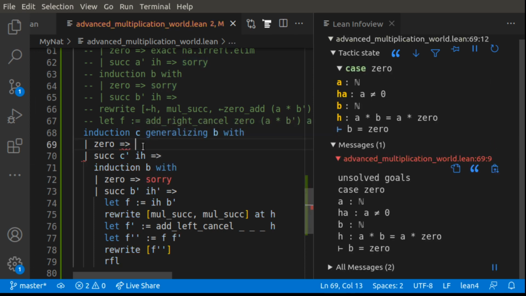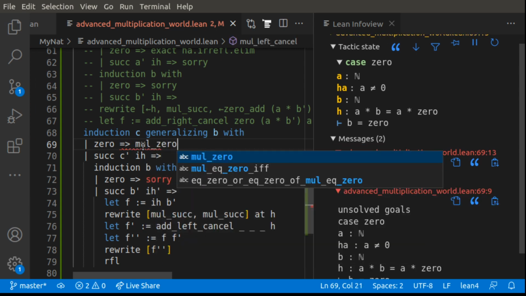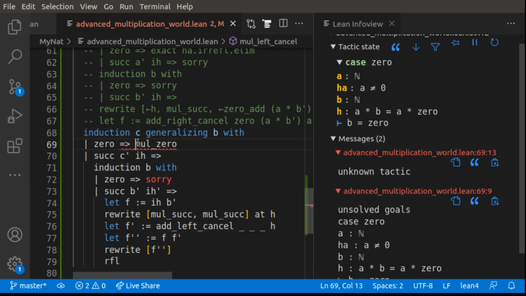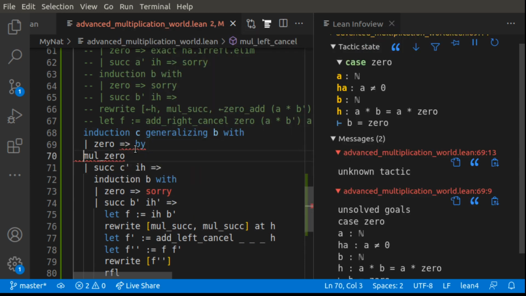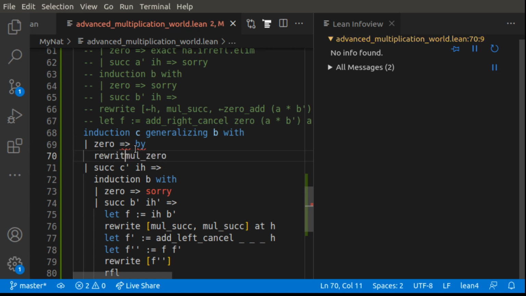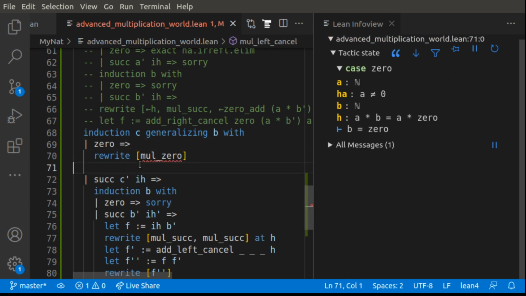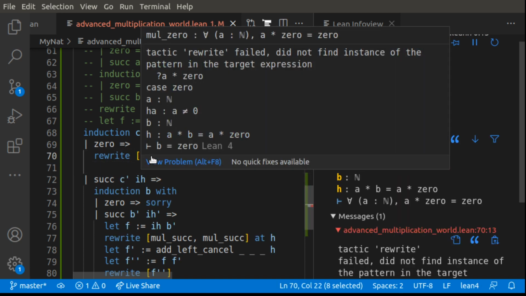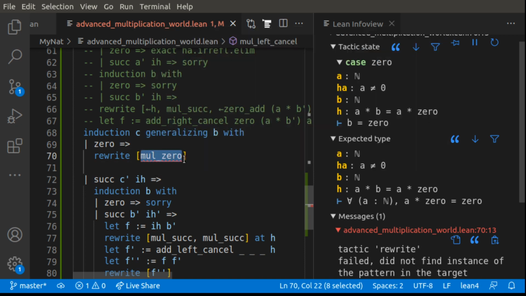So the first sorry, B equals 0. So let's do mul_zero. We write add h.